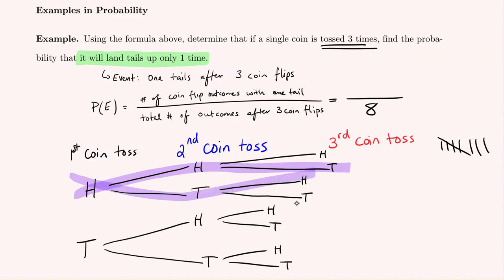Heads, tails, tails is tails up 2 times, so we don't count that. Tails, heads, heads is 1 occurrence. Tails, heads, tails is 2, so we don't count it. Tails, tails, heads also 2. Tails, tails, tails, also more than 1. So of the 8 possible outcomes, only 3 met our criteria that it would land tails up only 1 of the times. So our answer is 3/8.